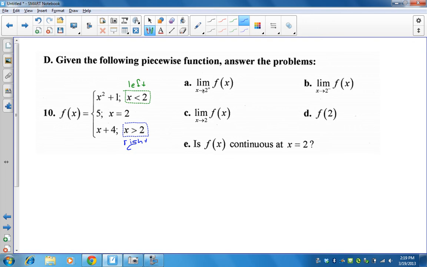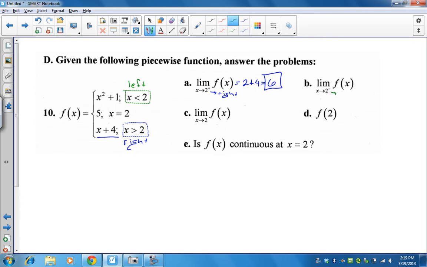Alright, so part A is what is the limit as x approaches 2 from the right? So this is the right side of 2, and the right side of 2 is represented by x plus 4. So I'm simply going to plug in 2 to the right side, which is going to be 2 plus 4, and that gives you a limit of 6 coming from the right. Okay, part B says limit as x approaches 2 from the left.